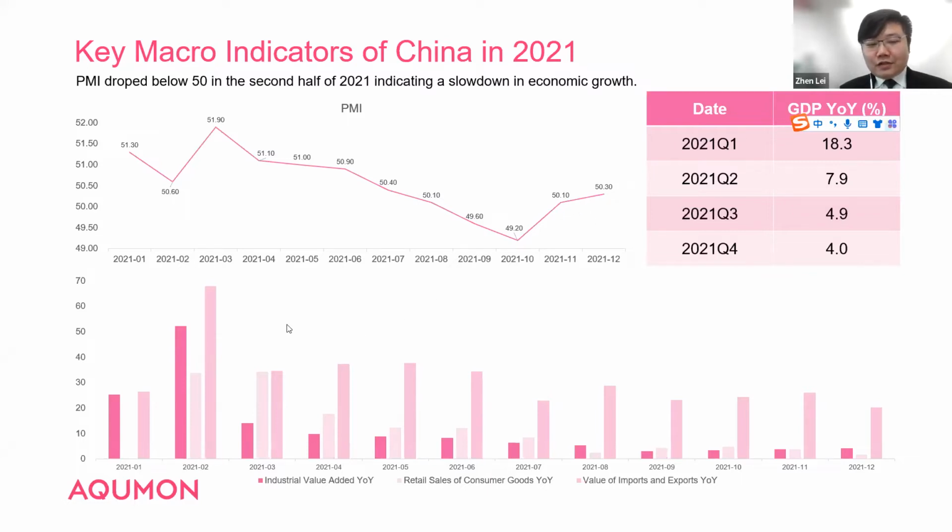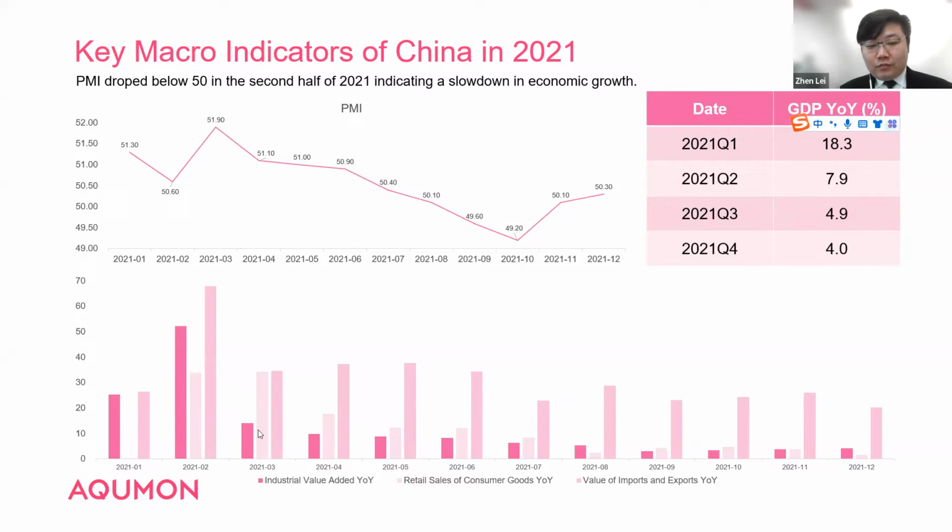And we can see that among the three driving factors for China's economic growth, the industry value added and the retail sales of consumption goods are still very low. For the first half of the year, these two components actually slowed down significantly.